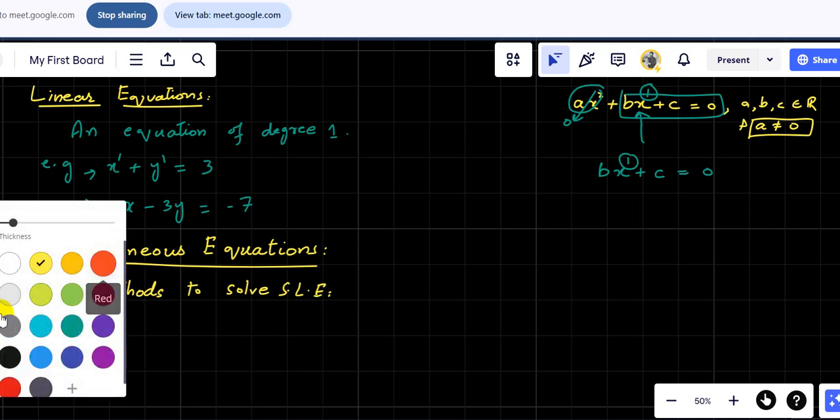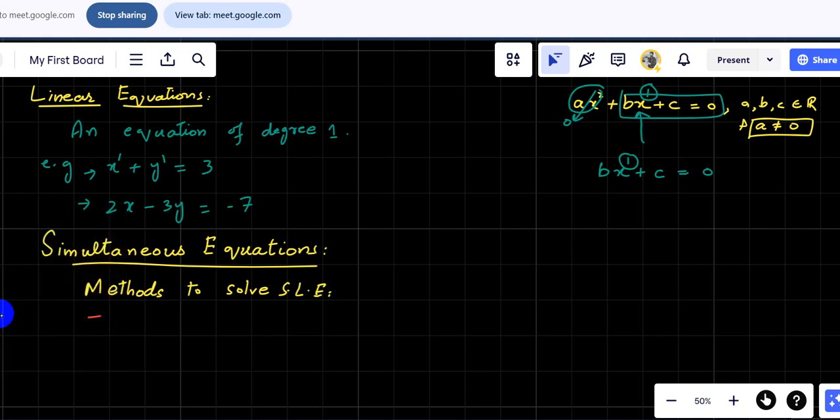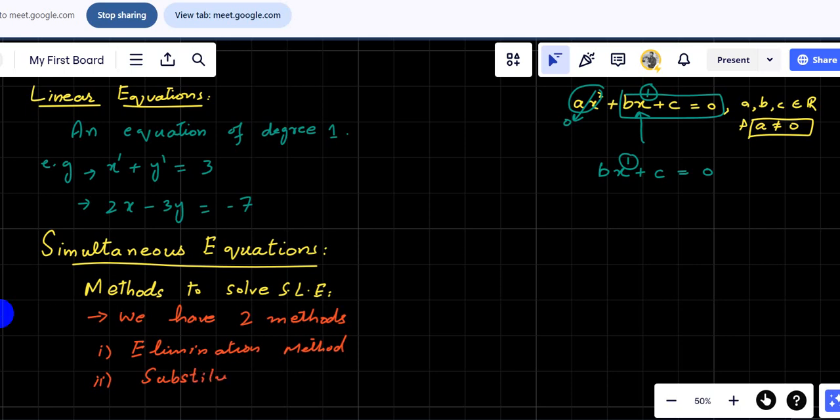Here we have two methods. First one is the elimination method, and the second one is the substitution method.